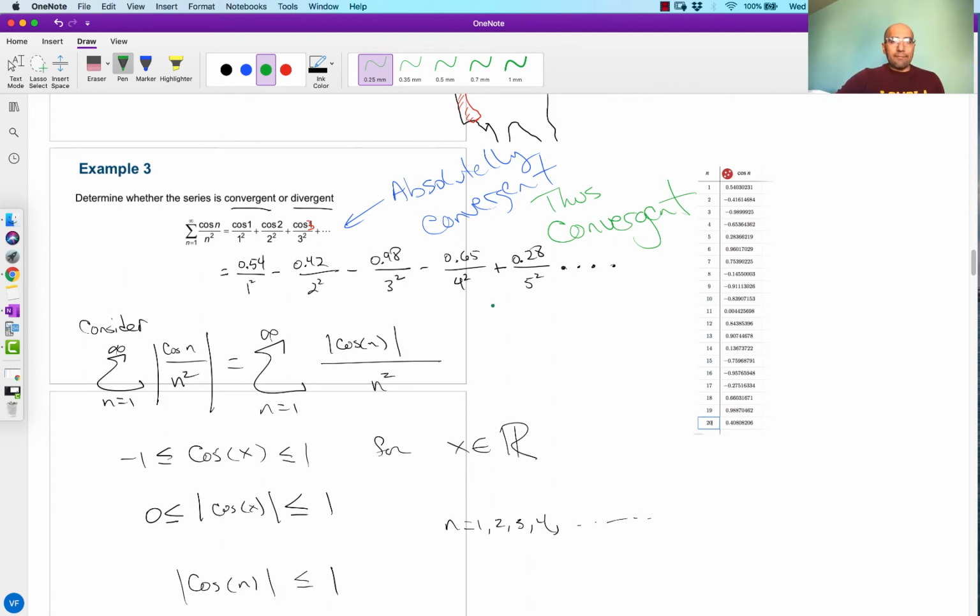We've established that it's absolutely convergent, therefore it is convergent. And we've answered our question.